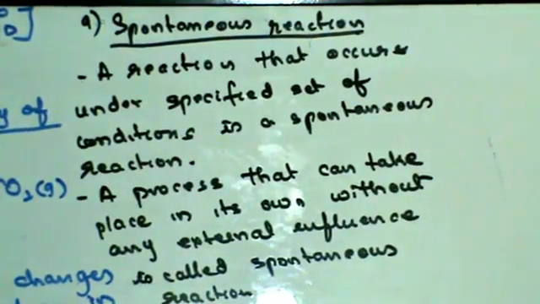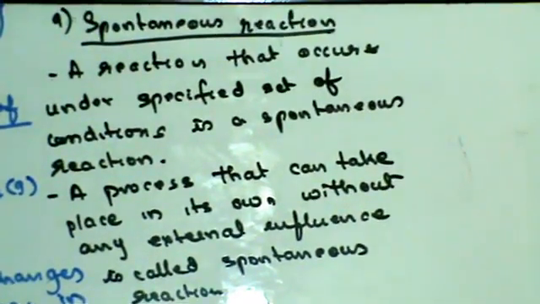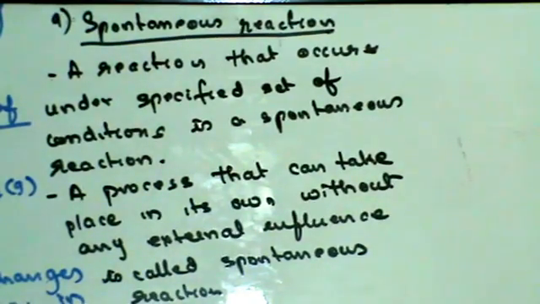Fine, do we get this thing here? A spontaneous reaction can take place on its own, under a specified set of conditions. So such a reaction would be called a spontaneous reaction, right?